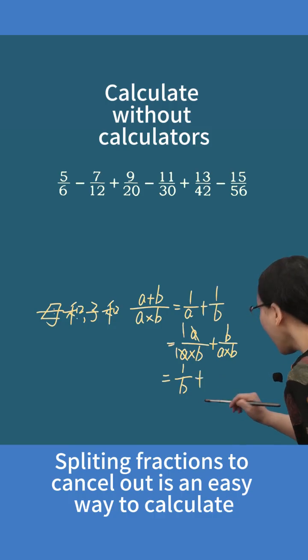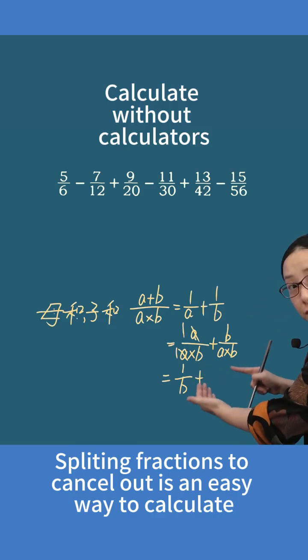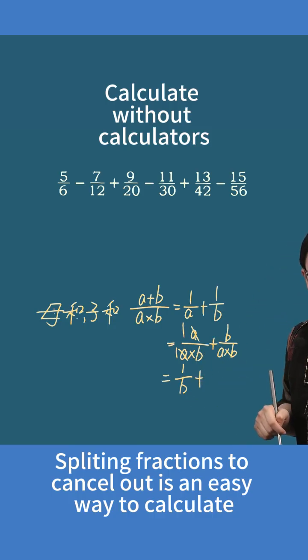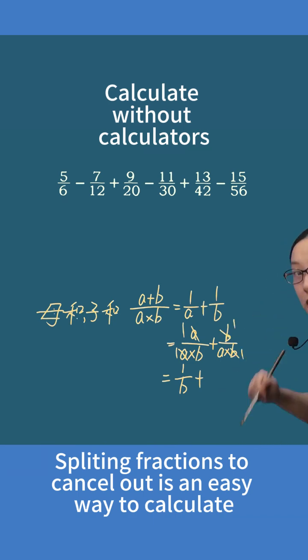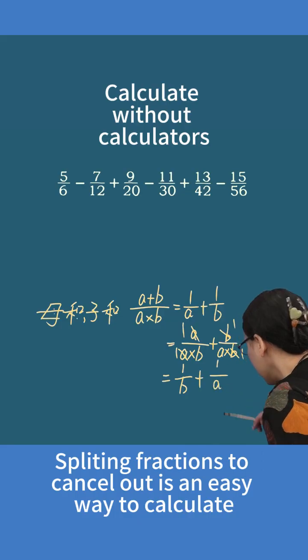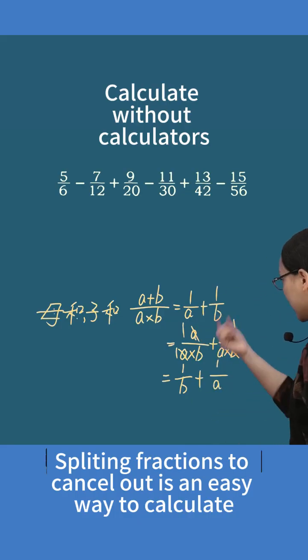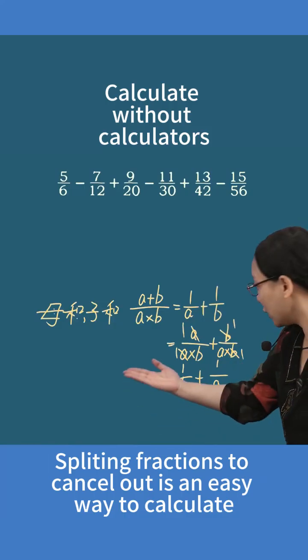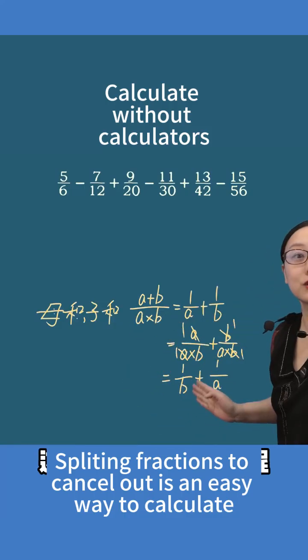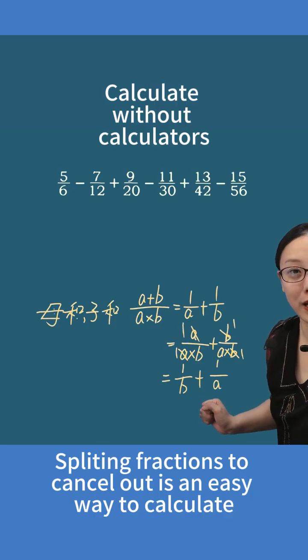Now, for the second fraction, cancel out the b, and it turns into 1 over a. So 1 over a plus 1 over b is the same as 1 over b plus 1 over a. So that's the reasoning behind this conclusion. You all need to understand this clearly.